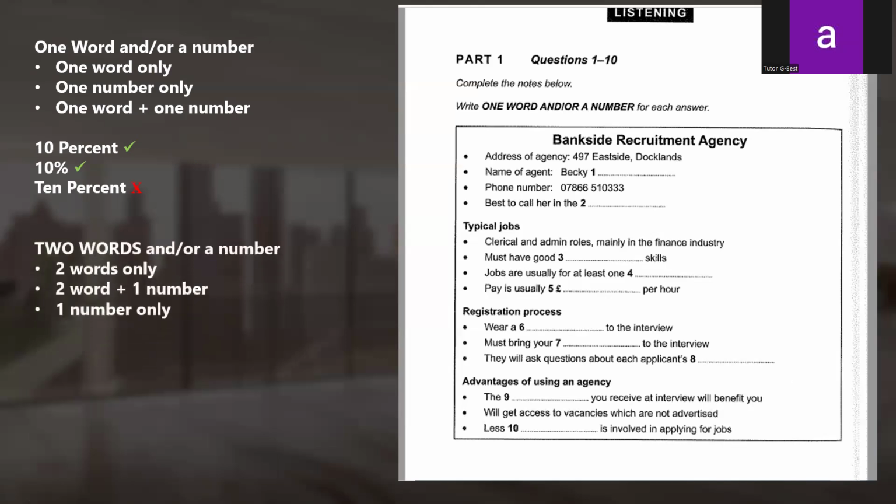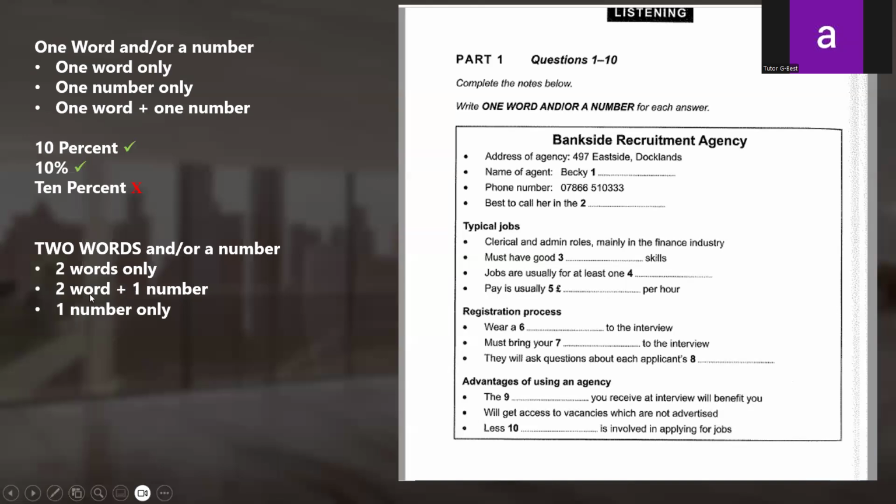Now, the same thing is applicable to when you see two words and/or a number. Because some question sections, this is part one, part two could tell you two words or a number. So when you see two words slash or a number, it means you can write two words only.